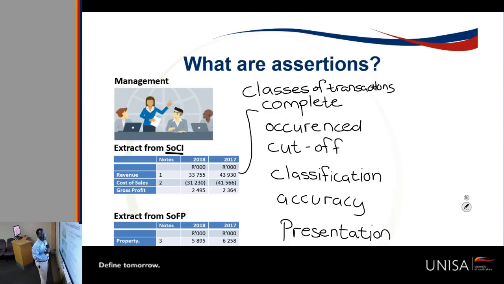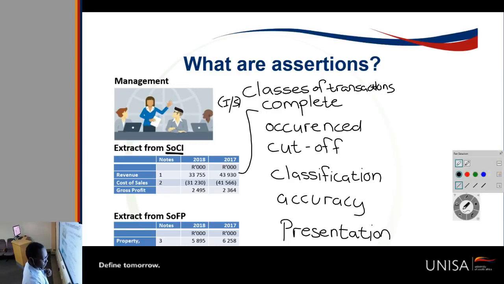You can think of classes of transactions as those relating to the statement of comprehensive income, which is your old income statement.